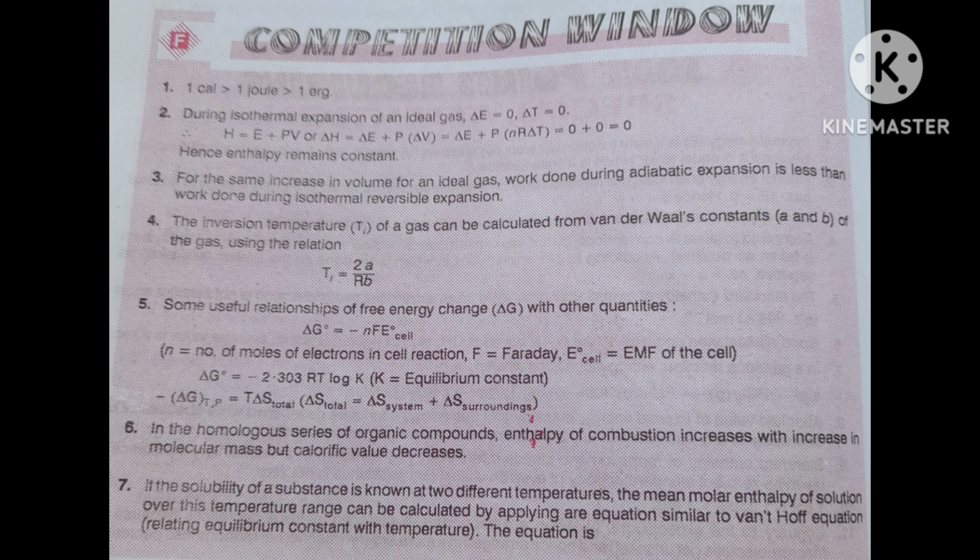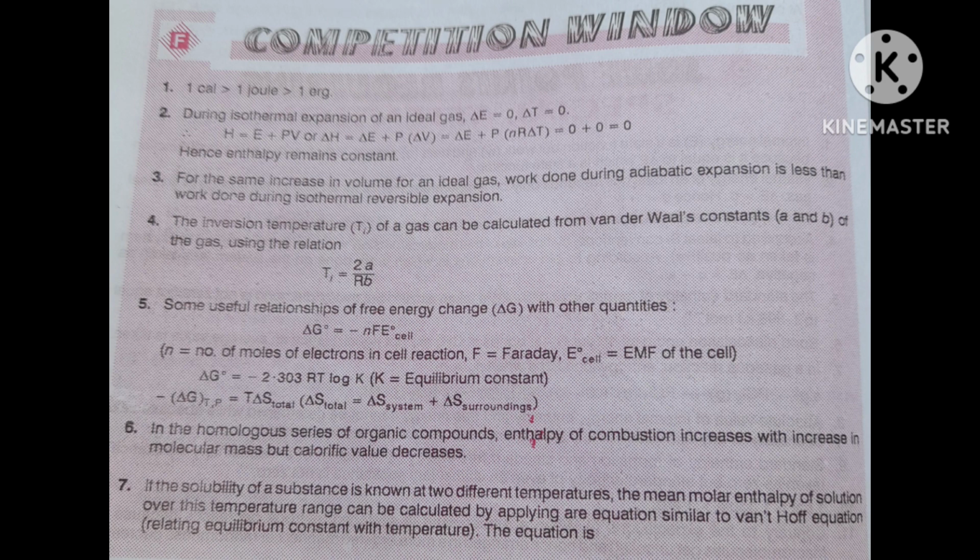Listen carefully. If the solubility of a substance is known at two temperatures, suppose 25 degrees and 35 degrees, you know that solubility at 25 degrees will be less and at 35 degrees will be more. Keep these things in mind.